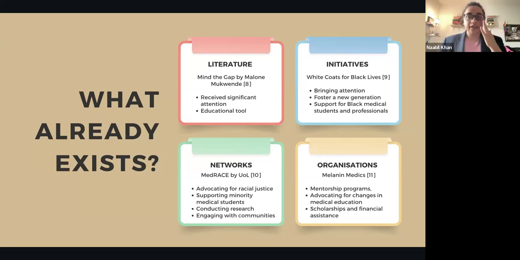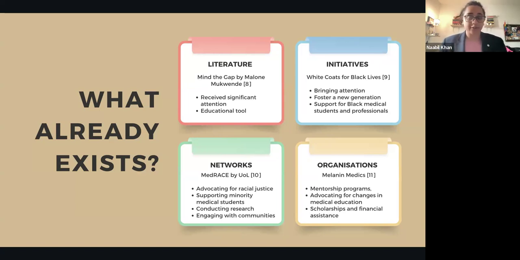Then you've got initiatives. This was due to the COVID-19 pandemic, but White Coats for Black Lives very much took the data that came out of the pandemic and highlighted the fact that in America, the health inequalities, especially concerning Black professionals as well as patients, were incredibly stark and concerning. So they've brought attention to this phenomenon when it comes to representation.